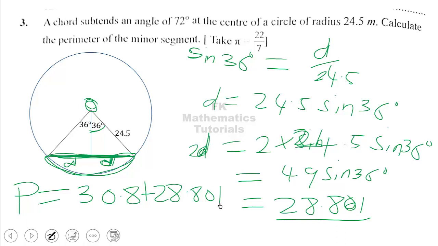And that will give us 59.60 meters. So I'm leaving it to 2 decimal places because they didn't ask me for any number of decimal places in the question.